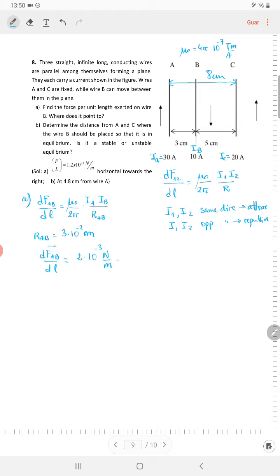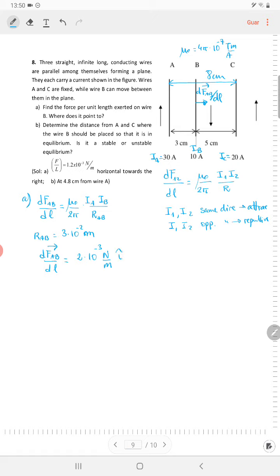Okay, to discuss the direction, we just have to see that current A and current B have opposite directions, so this force is repulsive. So repulsive force applied on B coming from A has to have this direction. So this is FAB, or if you want, dFB over dL.